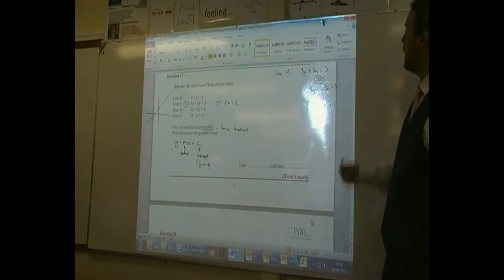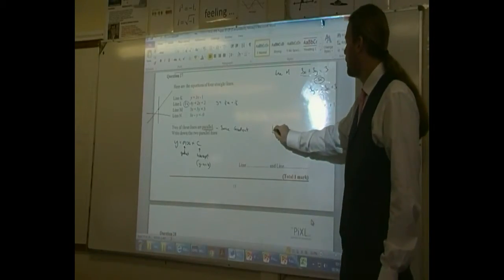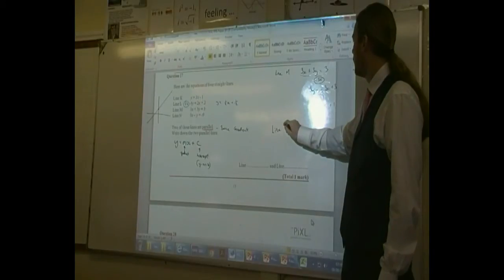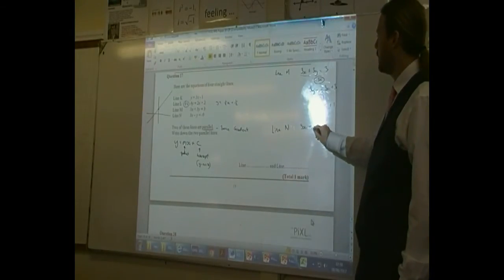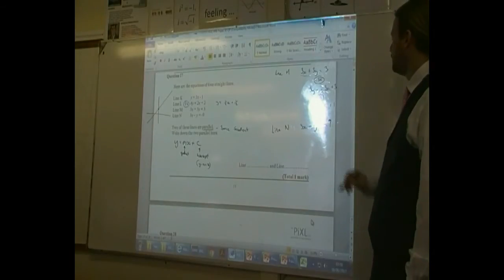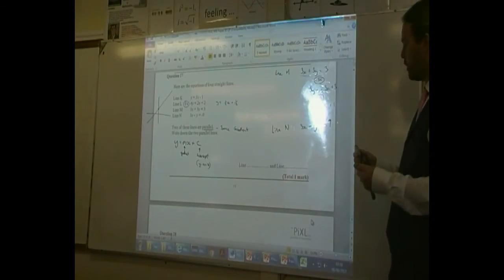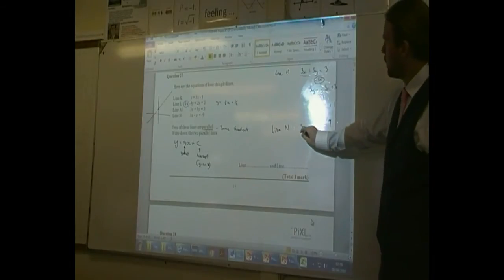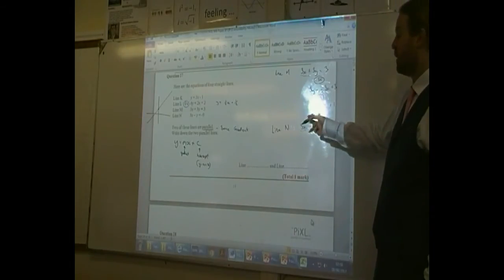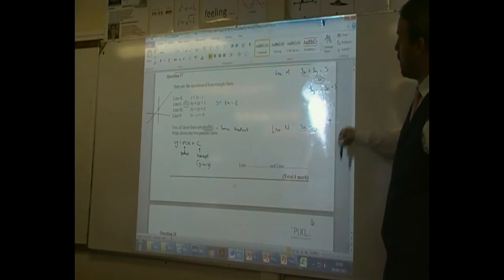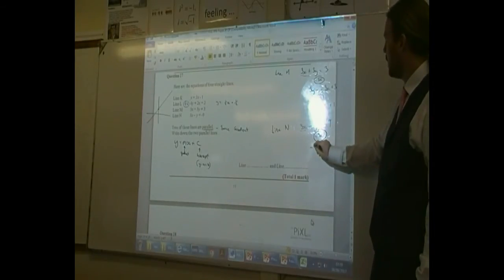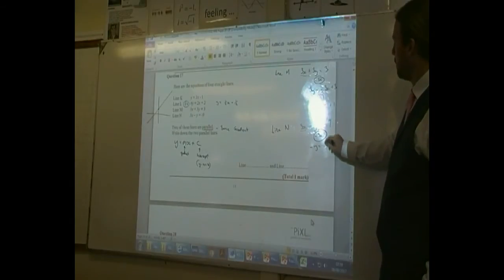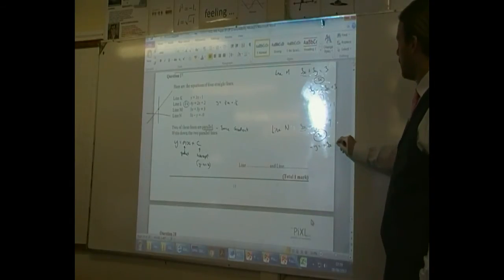So that's m, and then finally line N. So we have 3x minus y equals minus 9. Again, we want to get rid of this 3x first of all, so I'm going to take that away from both sides. So I get minus y equals minus 3x minus 9.